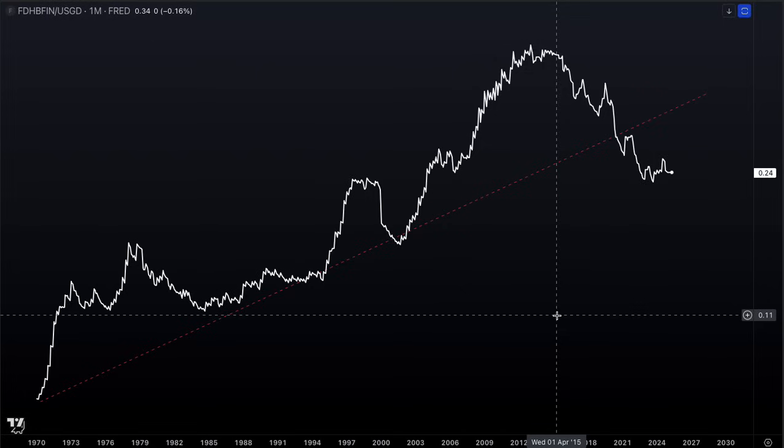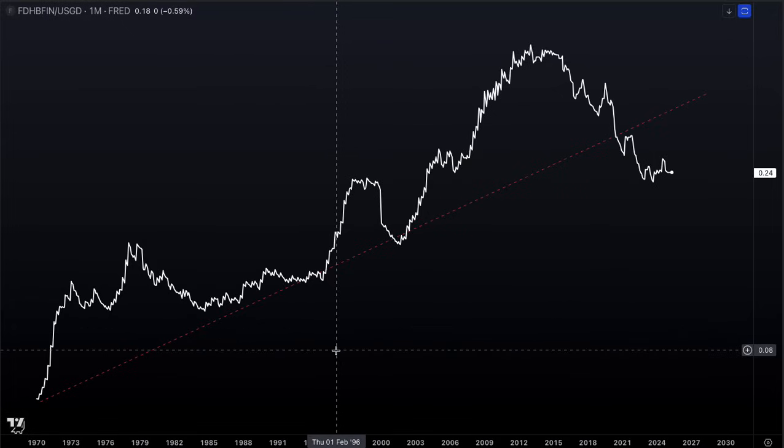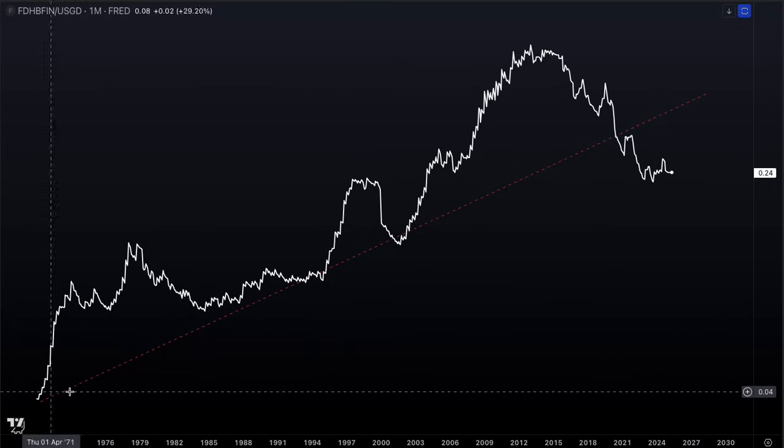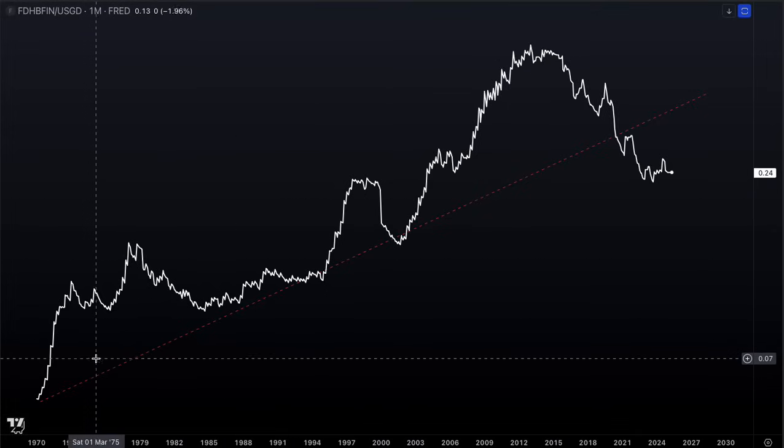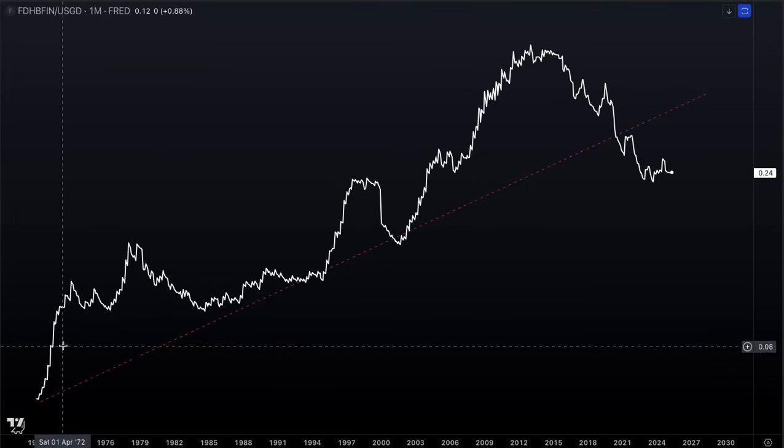So here we have the foreign debt, the Treasury debt that foreigners hold, divided by the total government debt. And what this shows is the relative share that foreigners own, right? We know our national debt has been going parabolic, exponential. We also know that foreigners buy some of that debt.